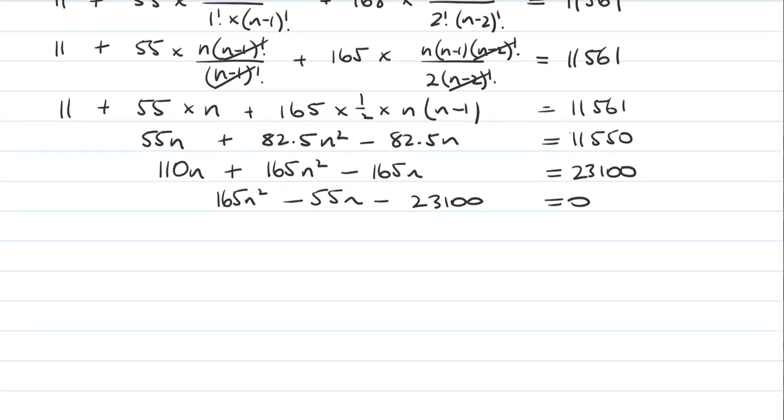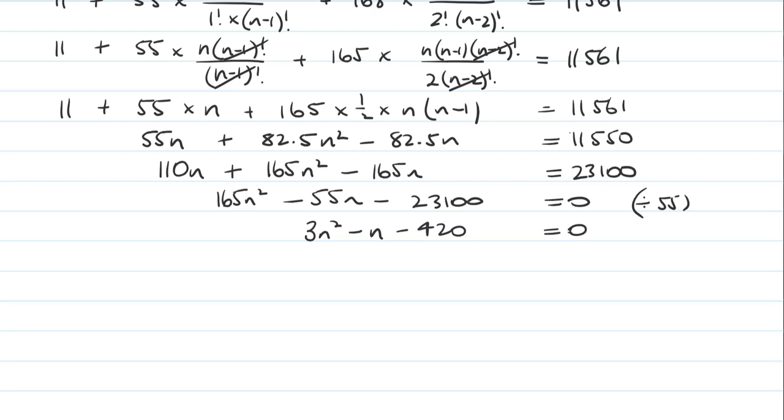Now, of course, this is specialist maths, so if you've got your graphics calculator in this question, which you should have, you could just throw this in and solve it. But we'll go through the process. Everything divides here by 55 quite nicely, leaving me with 3n squared minus n minus 420 equals 0.